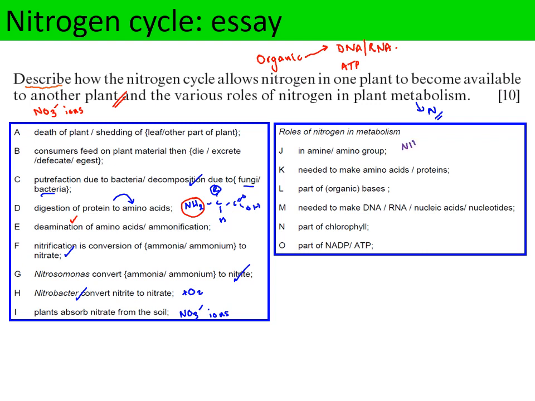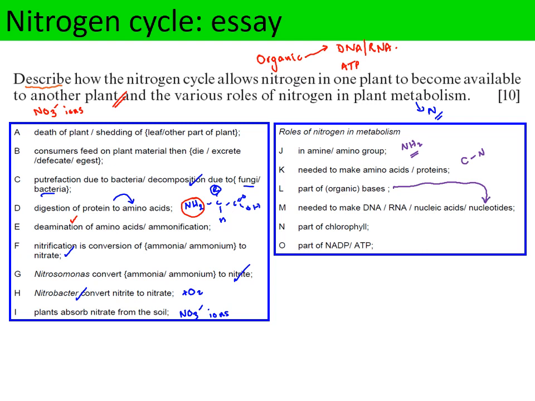Now the second part of the essay, we could talk about the amine group, the NH2 group in amino acids. So we know nitrogen is needed for that. We know amino acids are subunits of proteins, which are essentially polypeptide chains. So amino acids are linked by peptide bonds between the carbon of one and the nitrogen of another amino acid. That's the peptide bond. We know nitrogen is part of nitrogenous organic bases that form parts of nucleotides. So we know the base is a part of a nucleotide.